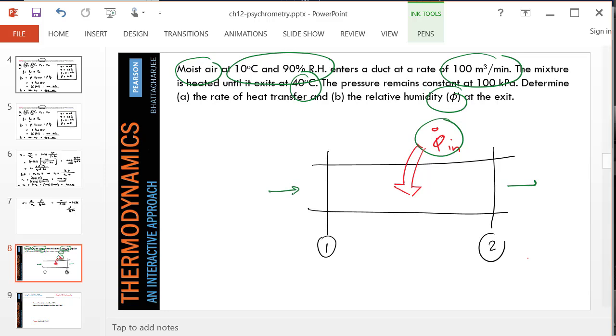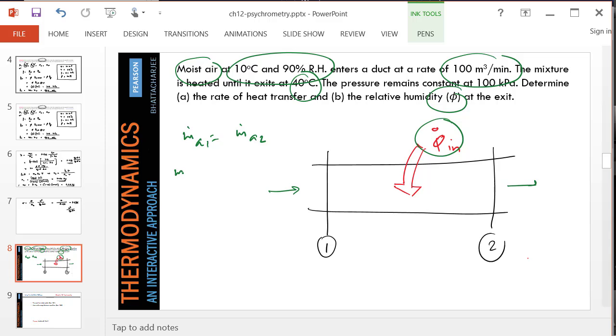Well, what remains constant along the flow? Of course, one thing is given: pressure remains unchanged, 100 kPa. And then we understand also that because it's simple heating, m dot dry air must be constant at 1 and m dot dry air at 2 must be not changing.